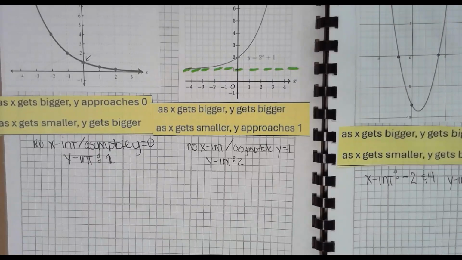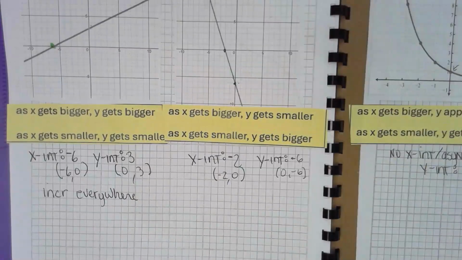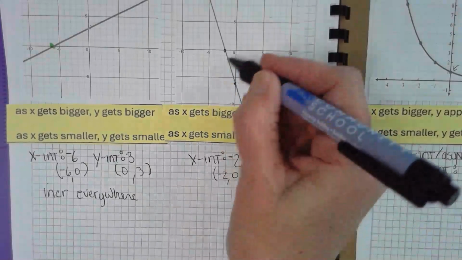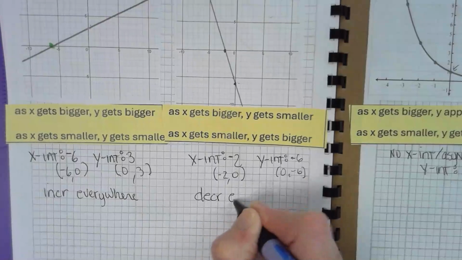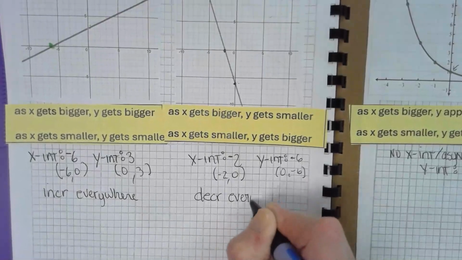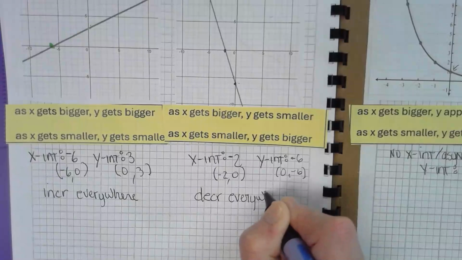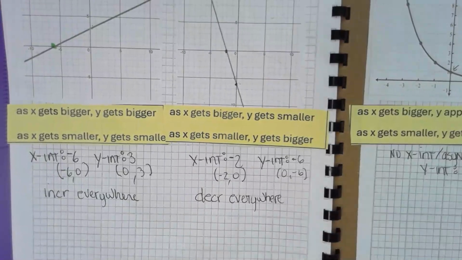Okay? So I am going to put up your options for your answers, and you figure out which ones go underneath your graphs. Okie dokie. This one is decreasing everywhere. I'm just going to write D-E-C-R.